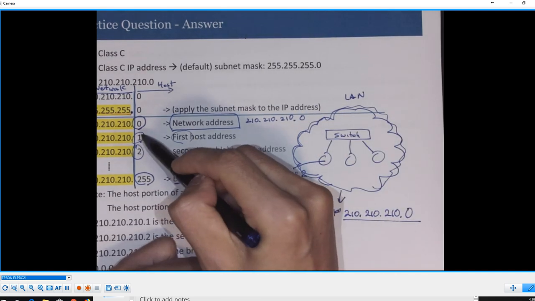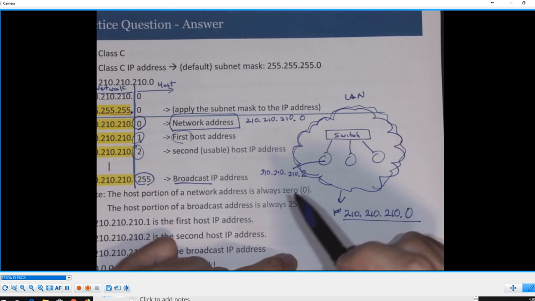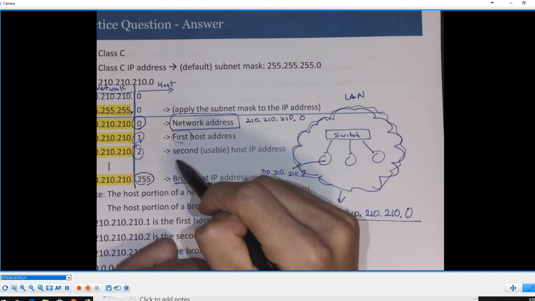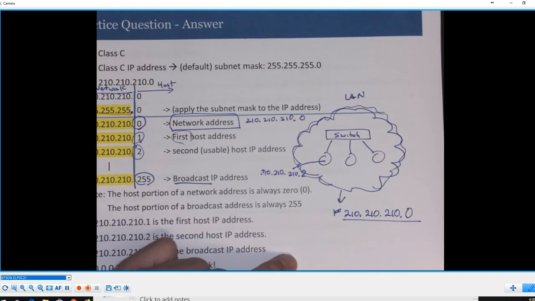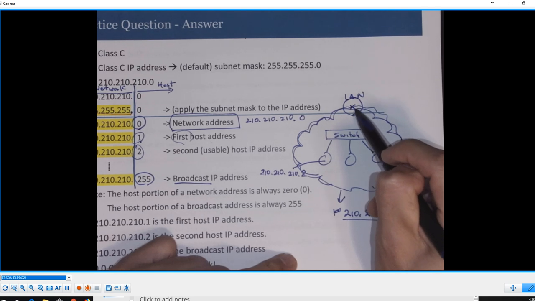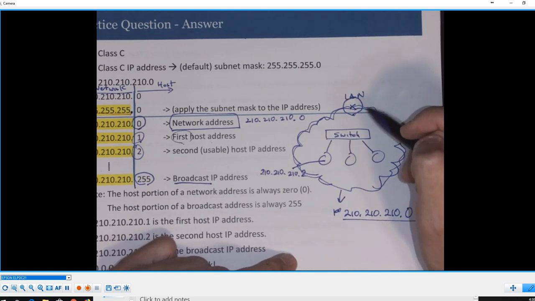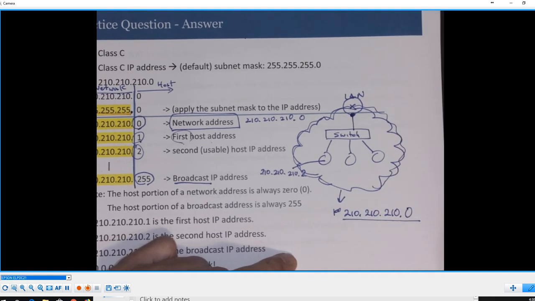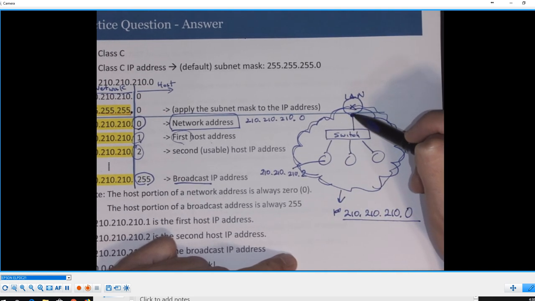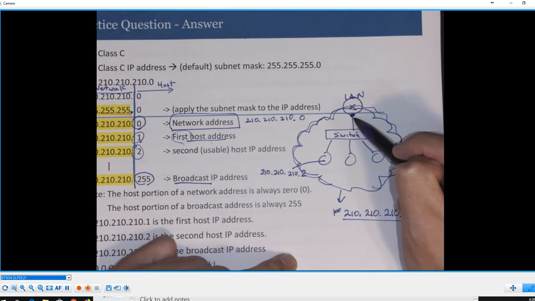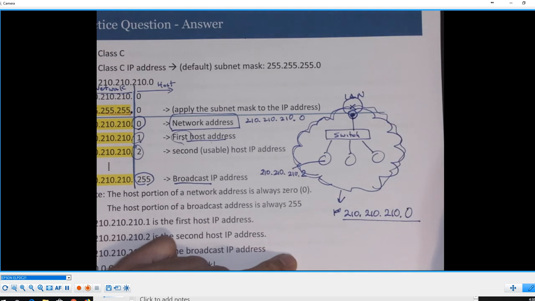Now, what about the first usable host IP address? It's not a standard, but a lot of system admins use the first host IP address for the gateway router. So for example, there is a gateway router, and this gateway router has a fast Ethernet interface. They assign this first host address to this interface.